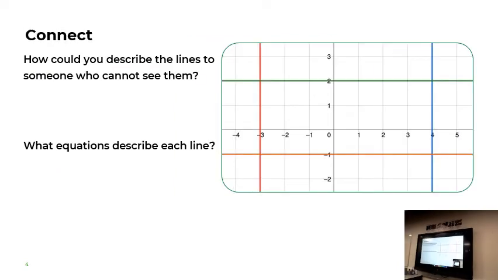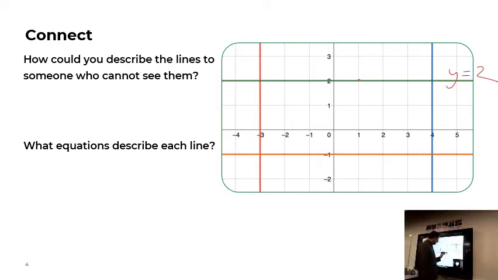Okay, so if we looked at the green line, any point on the green line, so this point, we can see that the y value is 2. So y value is equal to 2.